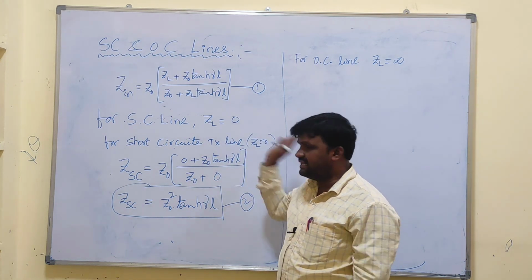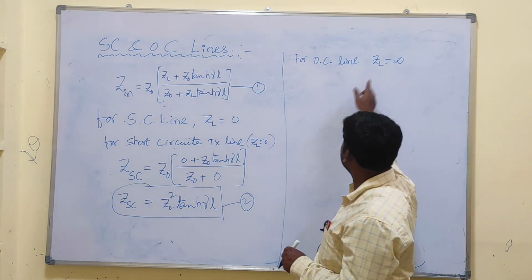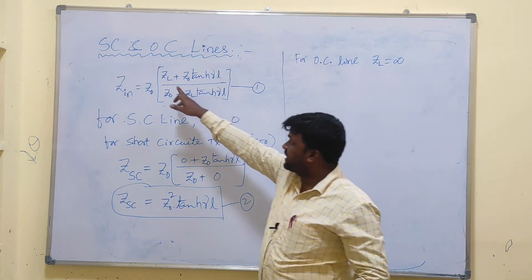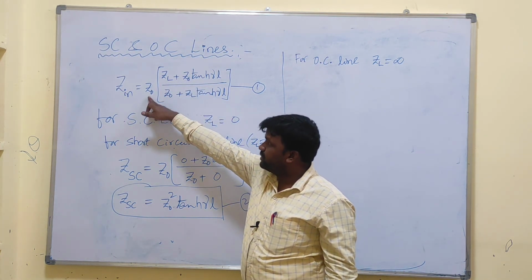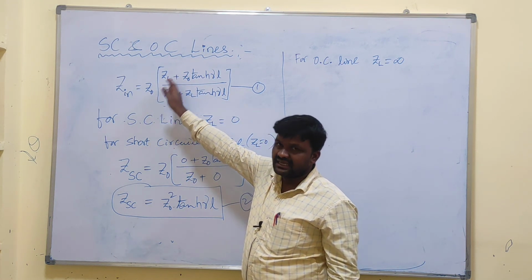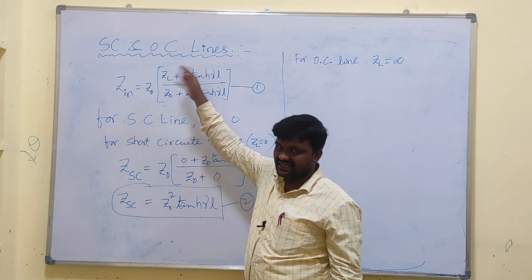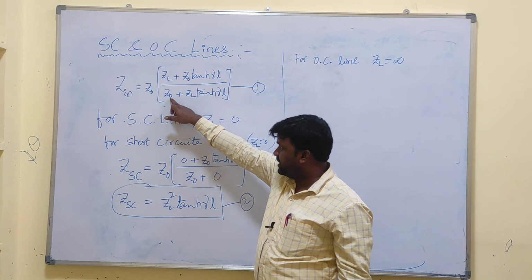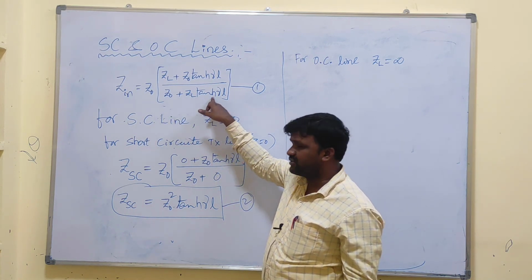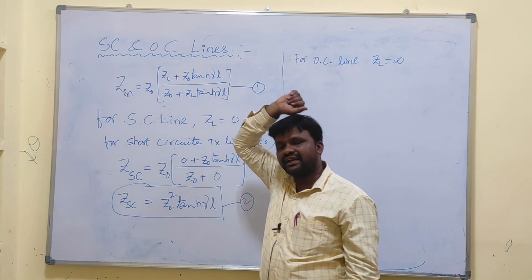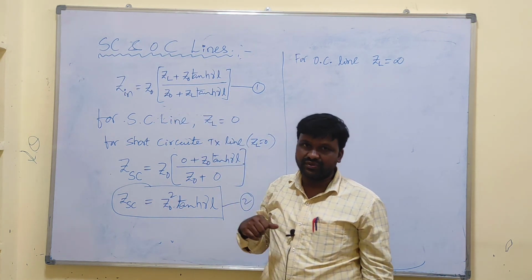Now if I substitute ZL equal to infinity, I will get infinity plus something, that is infinity, into Z0. In the denominator also, Z0 plus ZL is infinity. That means in the numerator we have infinity, and in the denominator also we have infinity.